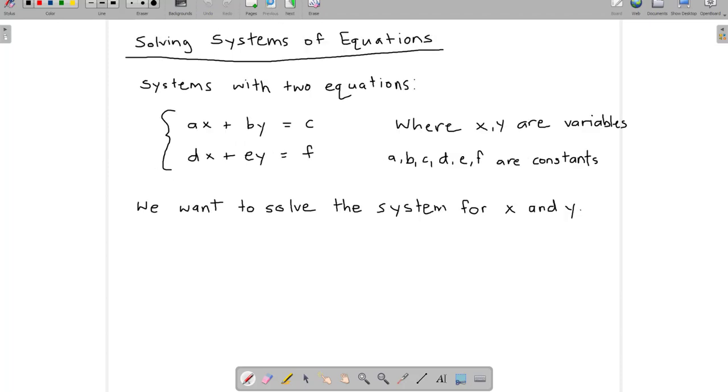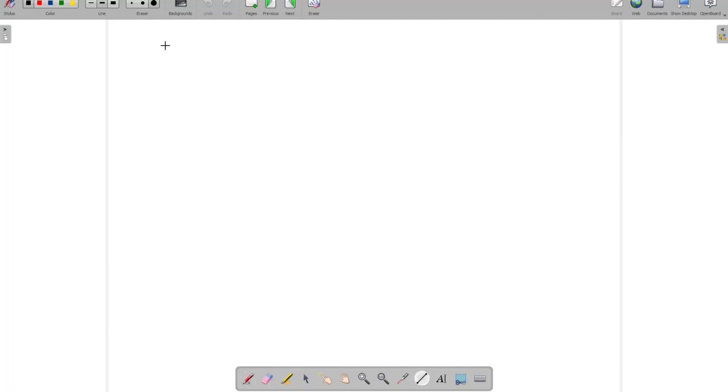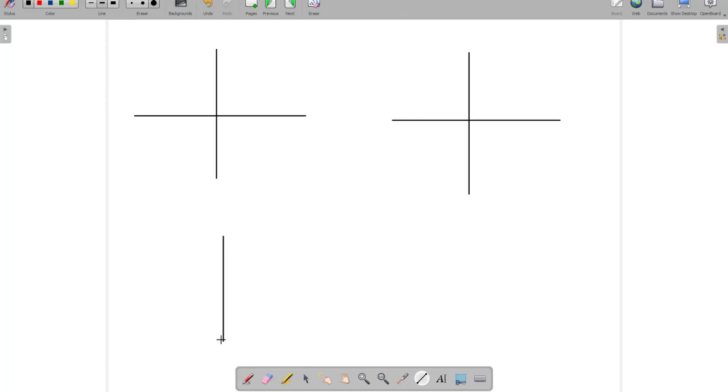All right, in this class we're going to be working with linear equations for the most part in our systems. I don't know if we'll actually see any of the nonlinear ones. So let me remind you quickly of something we did at the beginning of the semester when we worked with linear equations.